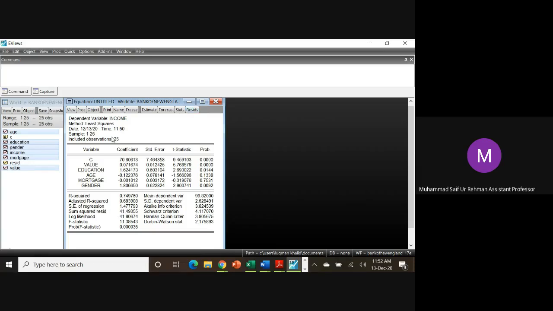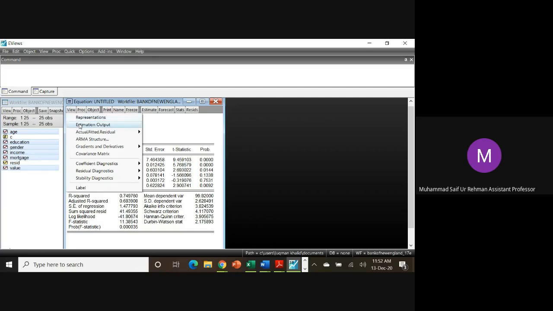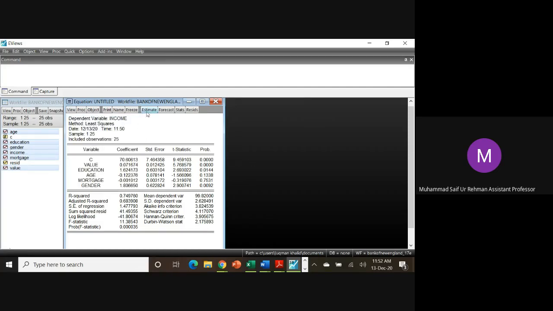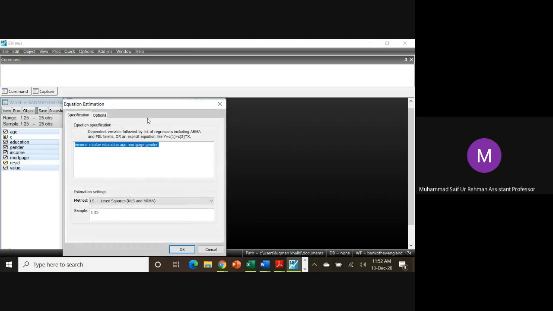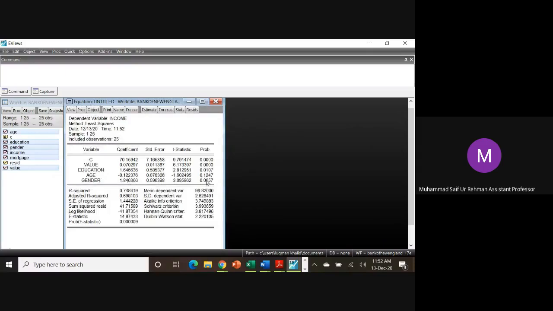So let us first remove mortgage from here and have the answer. This is the output. Again, if you see, age is insignificant. So now you will remove age.